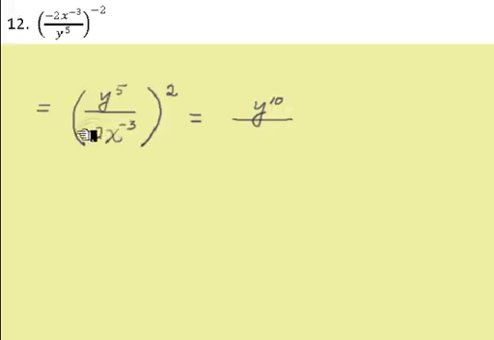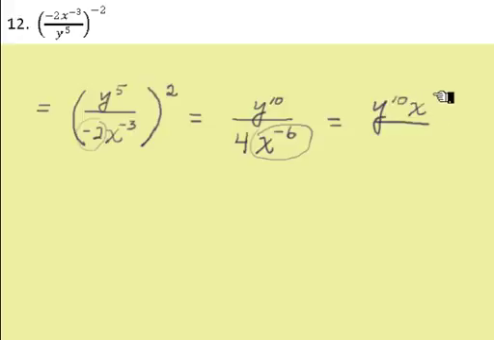Minus 2 squared, again the entire minus 2 is being squared, so that would be 4. And x to the minus 3 squared, that's x to the minus 6. And now we're just going to take this and bring it up to the numerator and change the minus 6 to a positive. Alright, x to the 6 in the numerator, and leave that 4 in the denominator.